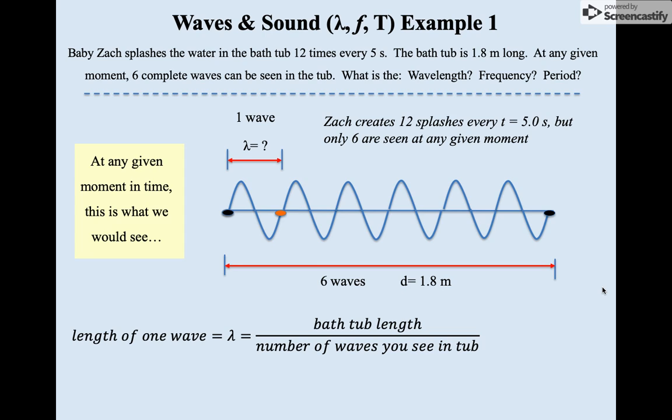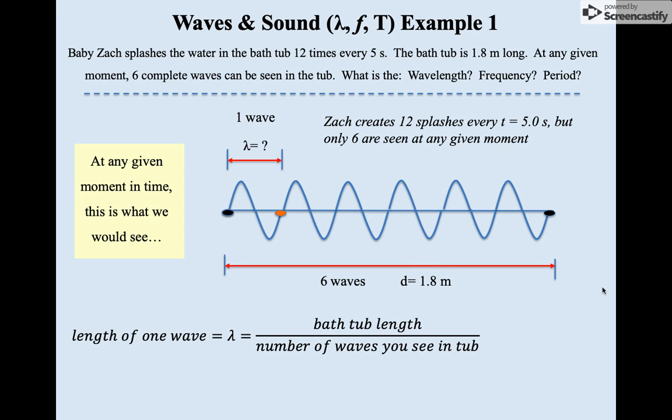Now, for this, there's no special equation. This is not an equation that you just memorize and use any given time. This is the type of solution that you reason through. We know the length of the bathtub. We know how many waves we happen to see in that bathtub.